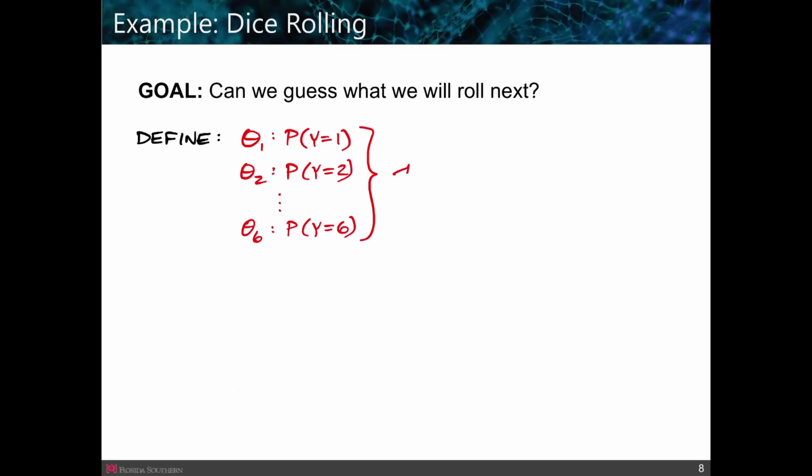You should notice that if we were to sum all of these parameters, theta sub i from i equals 1 to 6, by the axioms of probability, that should equal 1. Okay, now, what is maximum likelihood estimation suggesting? It's suggesting that we now have potentially a vector of estimated parameters. I know this is kind of a weird notation.